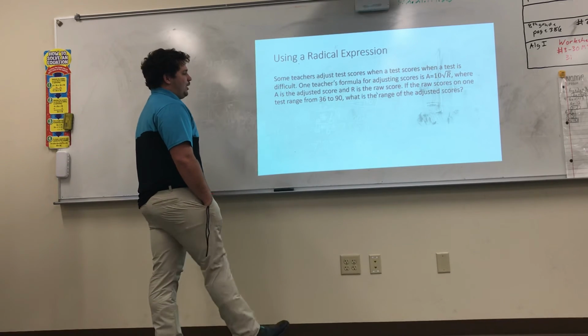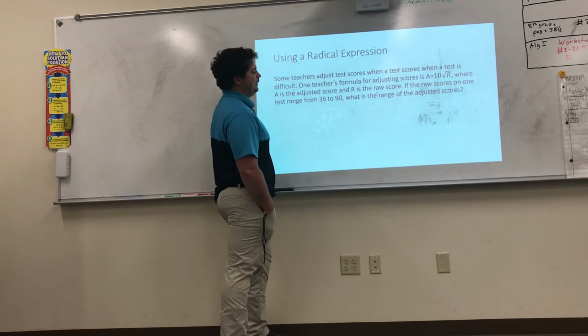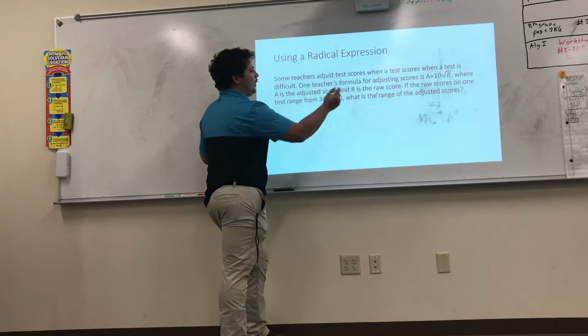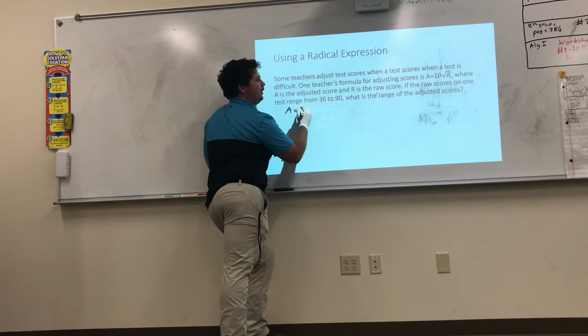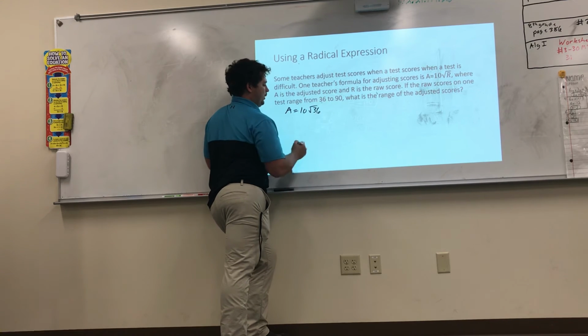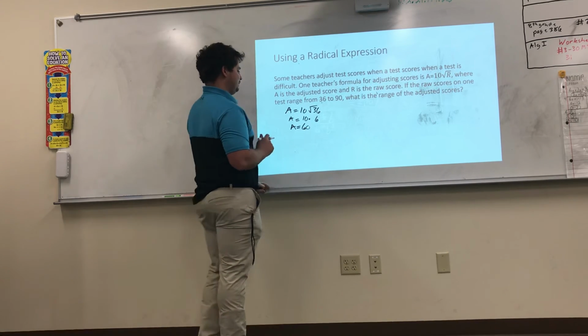If the raw score on one test ranges from a 36 to a 90, what is the range of the adjusted scores? Well, we would have A equals 10 times the square root of 36, which is 6. 10 times 6 is 60. So now we got bumped up to a 60.